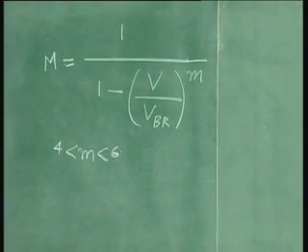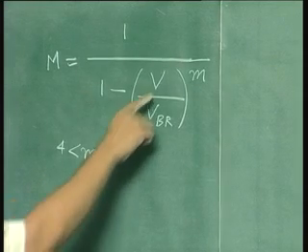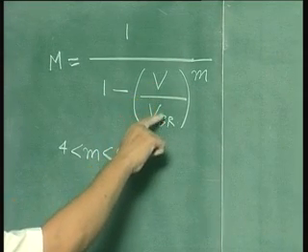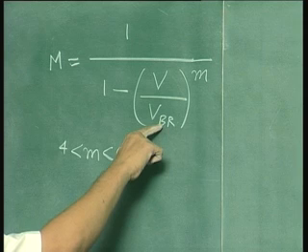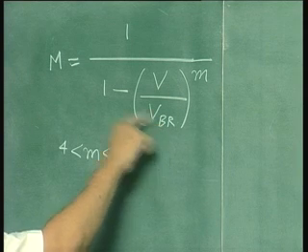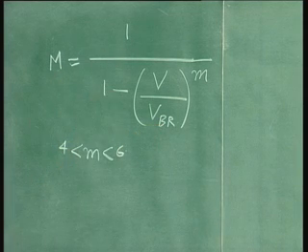This is an empirical relation for multiplication factor. You find that when the voltage becomes equal to breakdown voltage, this multiplication factor tends to infinity.